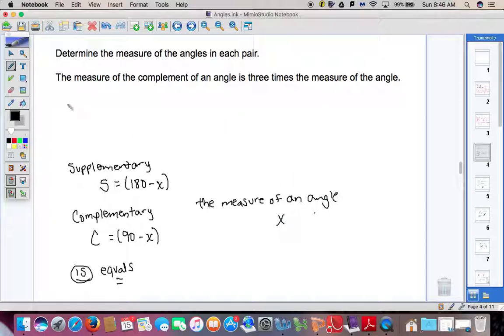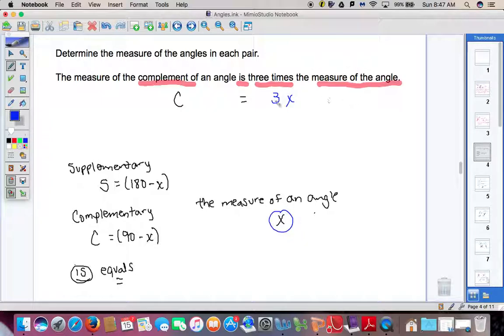So if we look above, we've got the complement of an angle is 3 times the measure of the angle. The complement we're going to write as a C, and the "is" means equals. Then 3 times means we're multiplying something by 3, and the measure of the angle is x, so 3x.